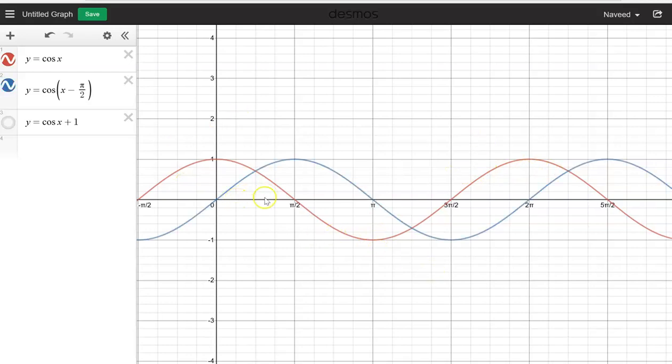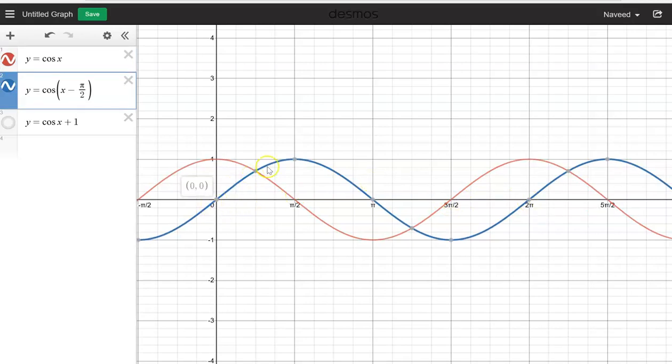So here is the graph of cos of x minus pi over 2, and as we talked about, everything has been moved. That coordinate went from (0, 1) to (pi over 2, 1), and so forth, because every single point moved. So this coordinate in the original graph has now moved pi over 2 over, so it's right here now.